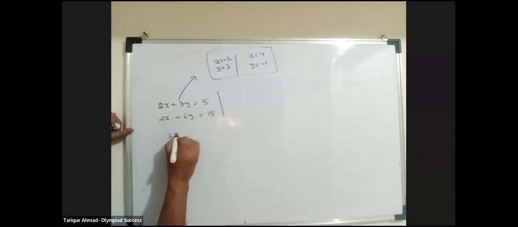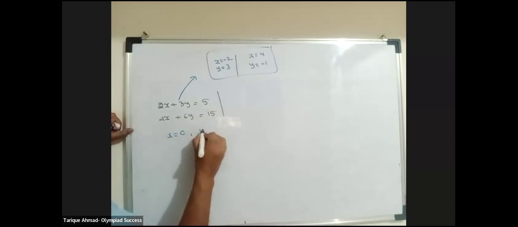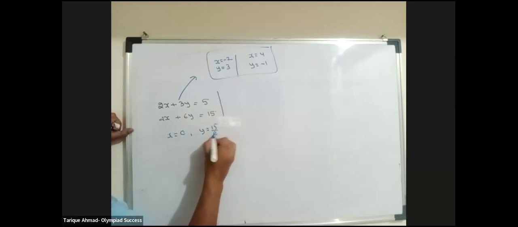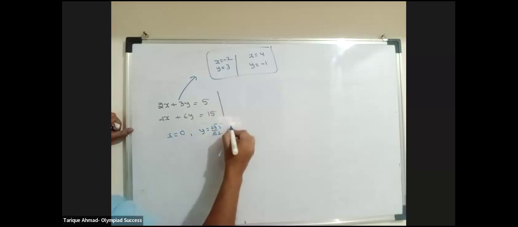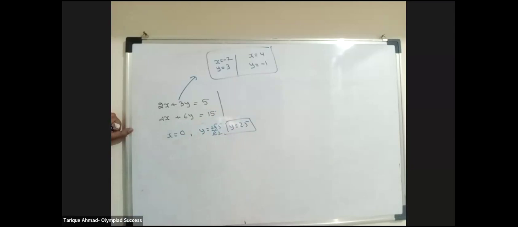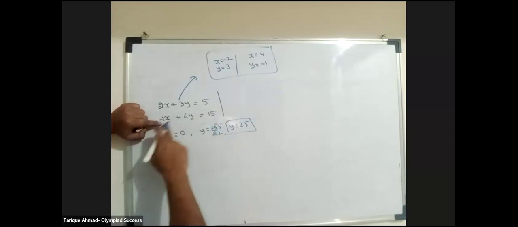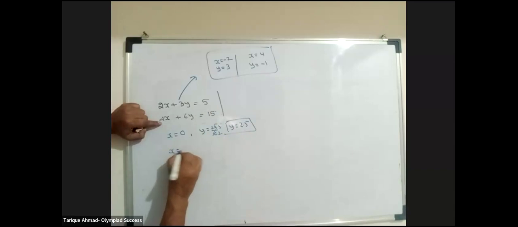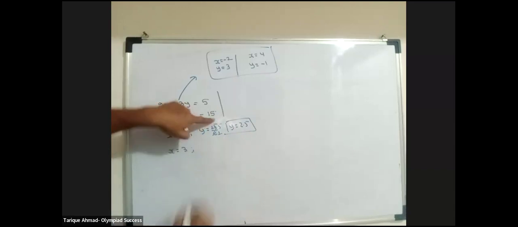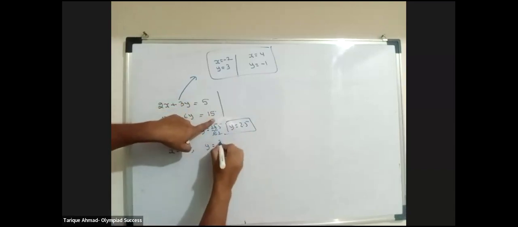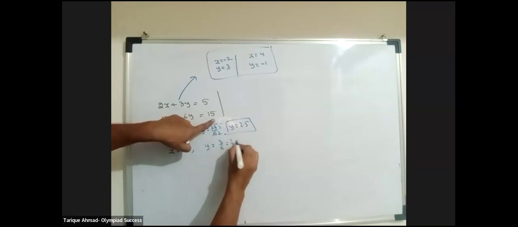Take x as 0, y will be 15 by 6, which is 2.5. So x 0, y 2.5. And then if I'm taking x as 3, y will be 3 by 6, which is 1 by 2, which is 0.5.